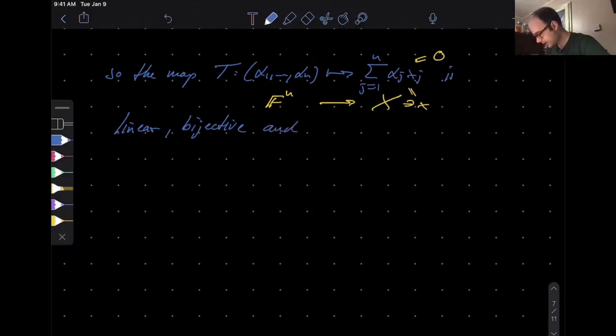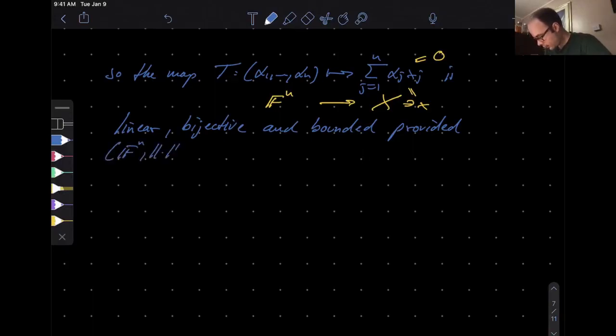And what does the estimate on the previous slide tell us? Well, it's a bounded map, provided, well, a bounded linear transformation, but then I have to equip my coordinate space with a norm. So let's do this.